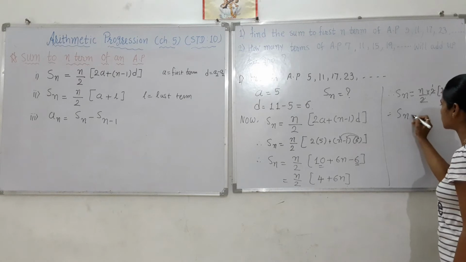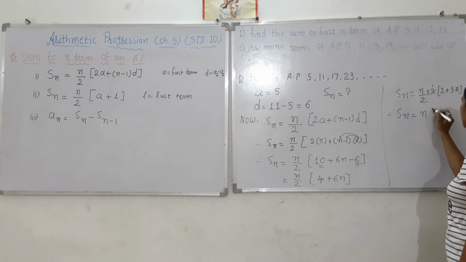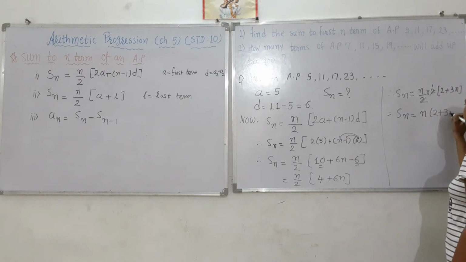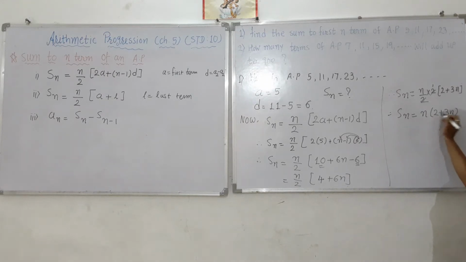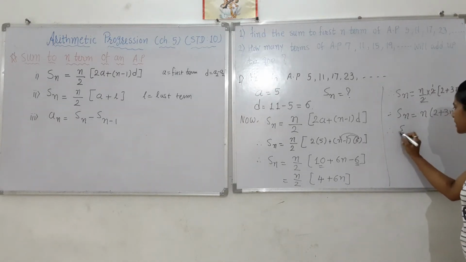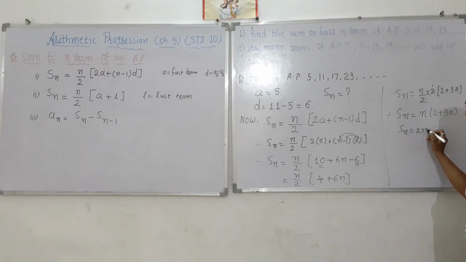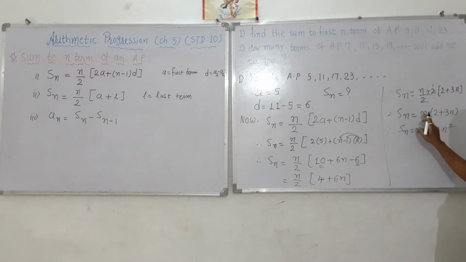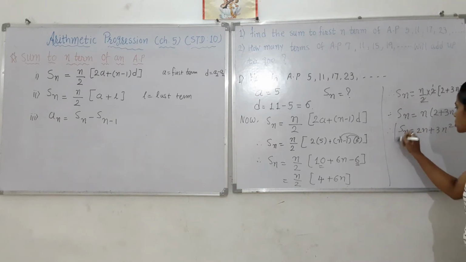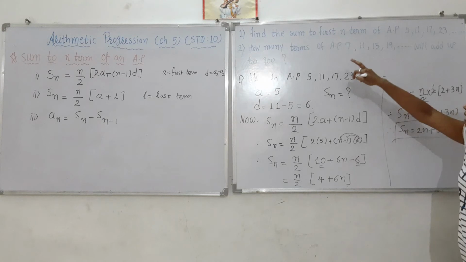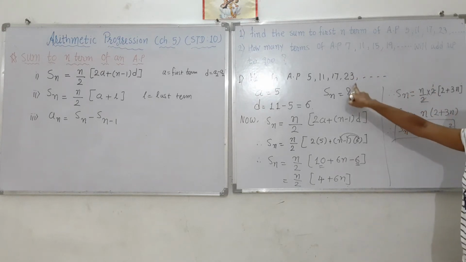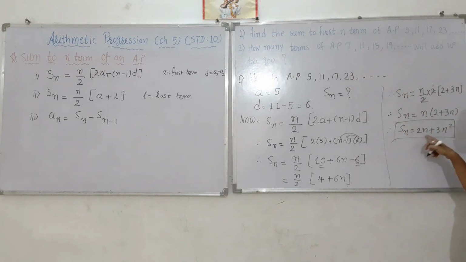So your sum to n terms is n into (2 plus 3n). If you want to multiply n inside, you can multiply this way: n into 2 is 2n, plus n into 3n is 3n square. So your answer is this: the sum to the first n terms of the given arithmetic progression is 2n plus 3n square.